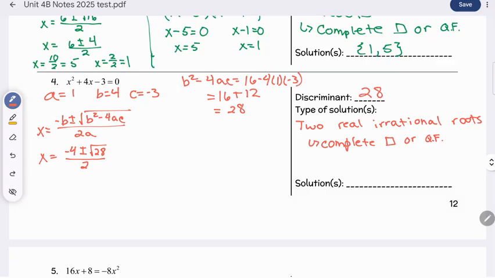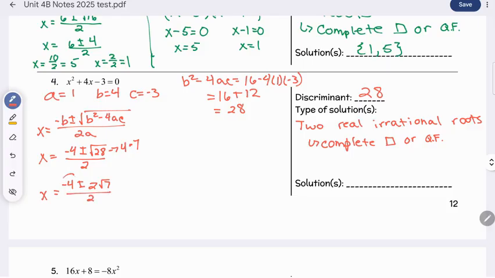Now, we remember 28 is 4 times 7. 4 is a perfect square, so we can take that out of the radical and take its square root. So that's going to give us negative 4 plus or minus 2 times the square root of 7 over 2.